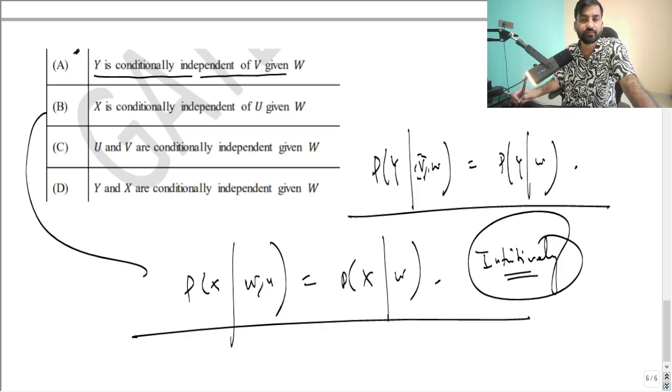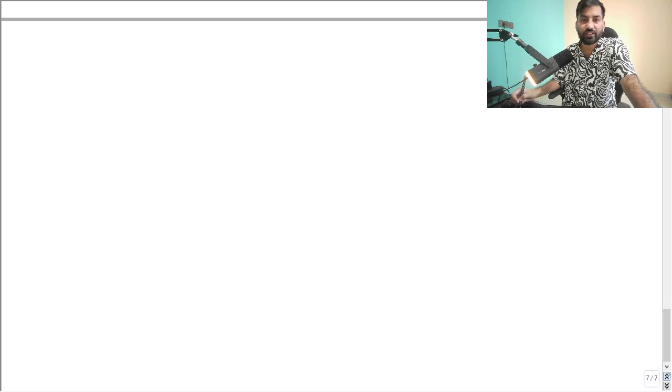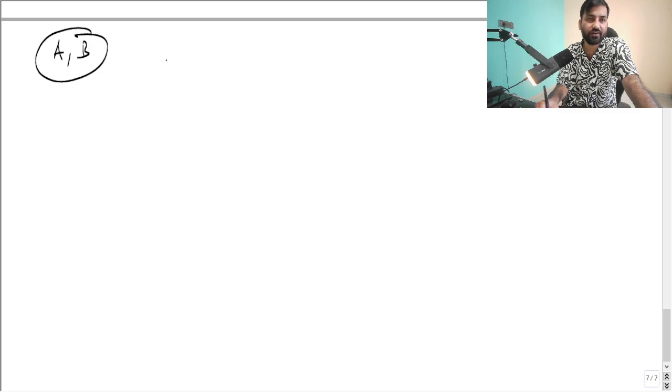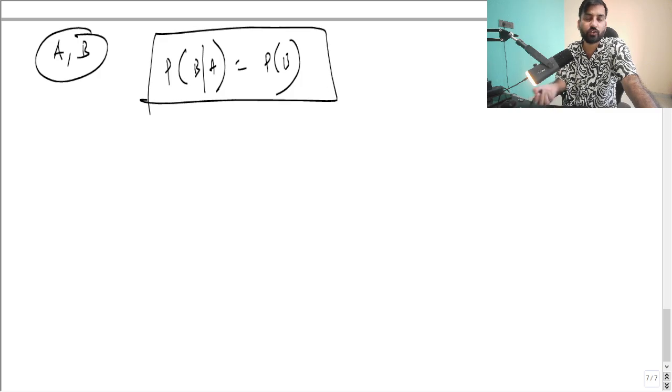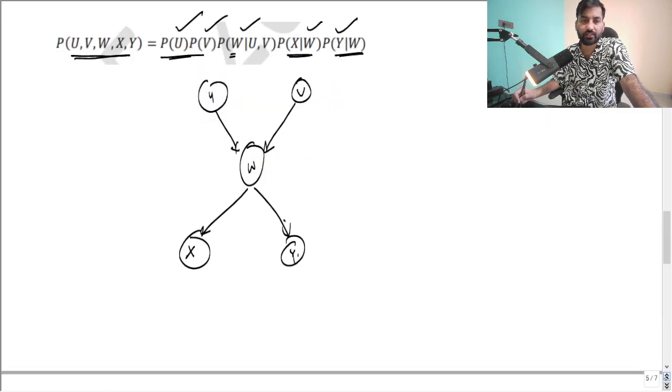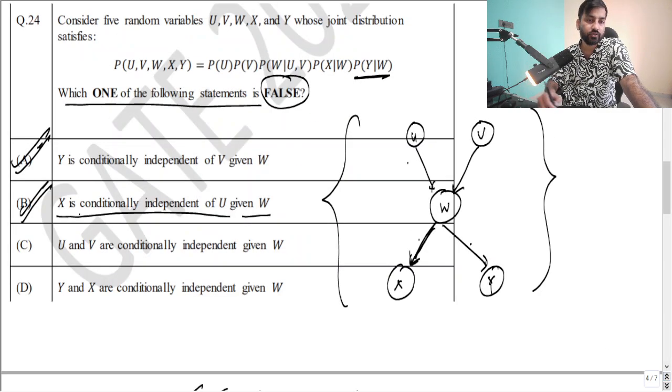Let's say that A and B are independent events. So what is the probability of B given A? It is the probability of B only. If there are two events which are independent, intuitively you can say this is also correct.